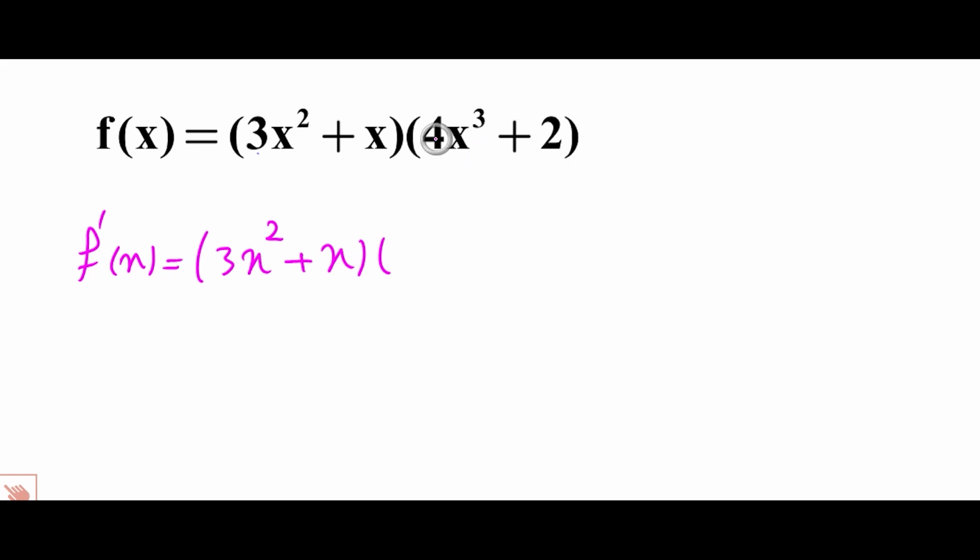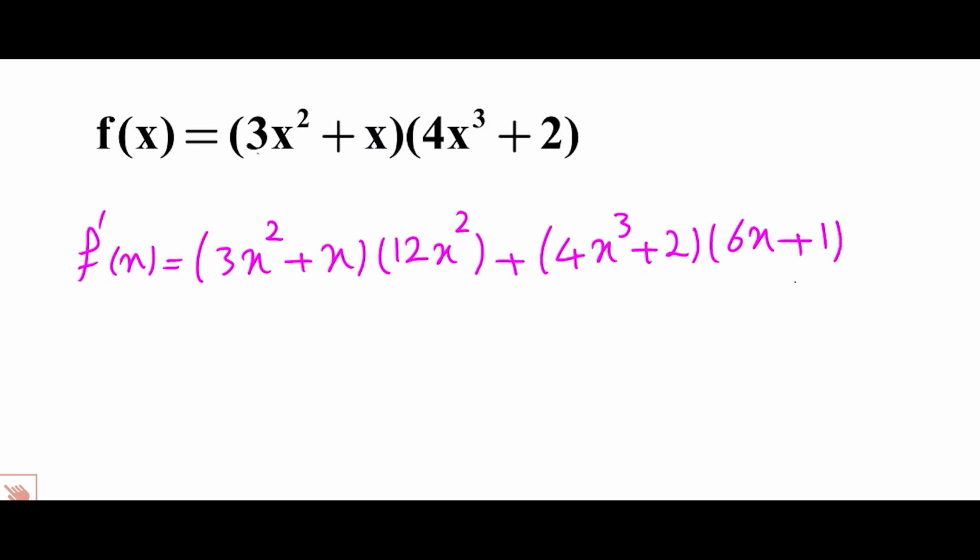We have 4 times 3 is 12x squared, and the derivative of 2 is nothing, plus the second function as is, 4x cubed plus 2, times the derivative of the first function. So we have the derivative of 3x squared is 6x plus the derivative of x is 1. That's it. And if you have to, you can simplify this.